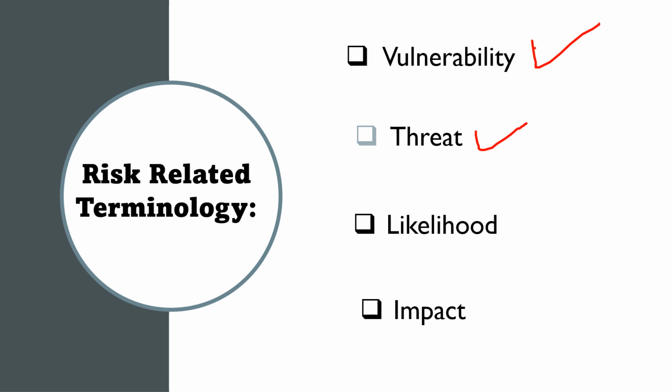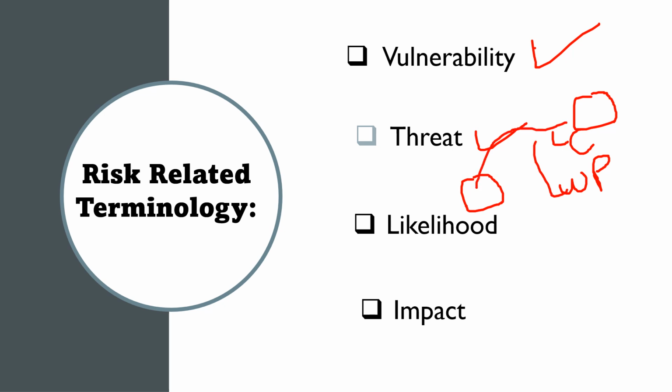For example, we have a web server with low configuration and a weak password. Here is a hacker. He observed that this is a web server having all these weaknesses. So in this example, this attacker is a threat, and weak password and low configuration are the vulnerabilities.